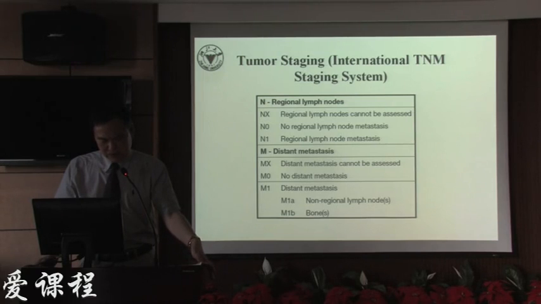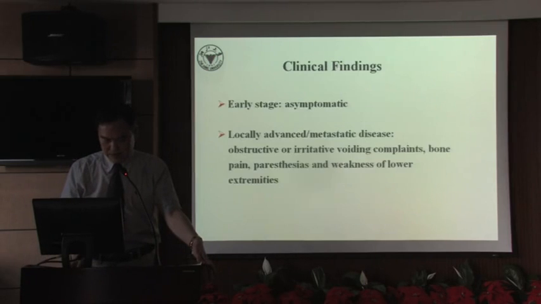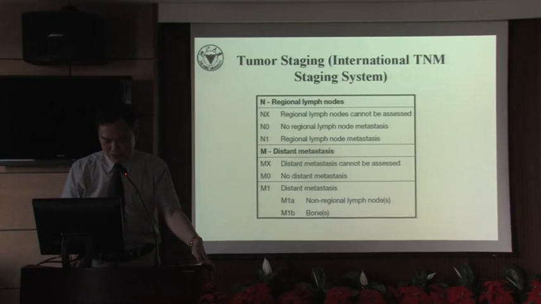M0 means no distant metastasis. M1 means distant metastasis. M1A means non-regional lymph node. M1B means metastasis to bones, and M1C means to other sites besides the bones.